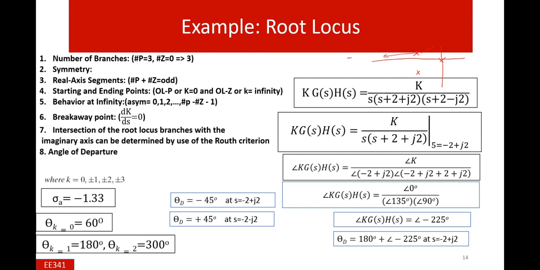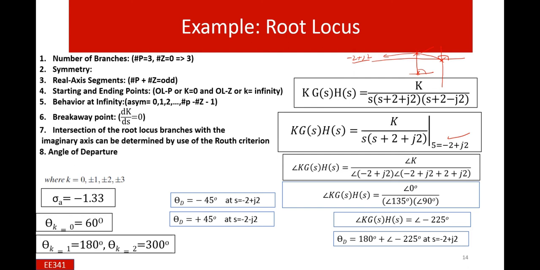So if we consider this pole at position -2 plus j2, what is the sum of the angles of this one? So this is some angle, and similarly this angle. So what are the angles? We can even directly find them from the transfer function, just taking the transfer function and finding the values of s at this point, and we are just considering the phase angles.